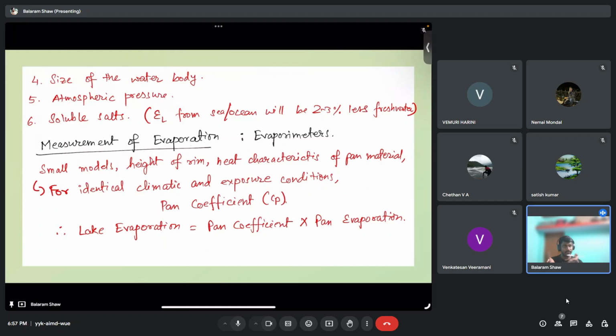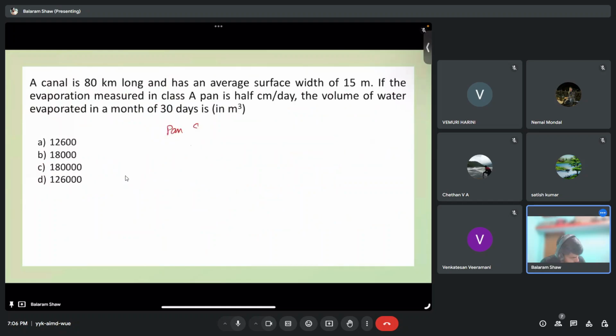Just mention what is there. So we have pan evaporation, it is a class A pan. I'll mention that for a class A pan, the average pan coefficient is 0.7.